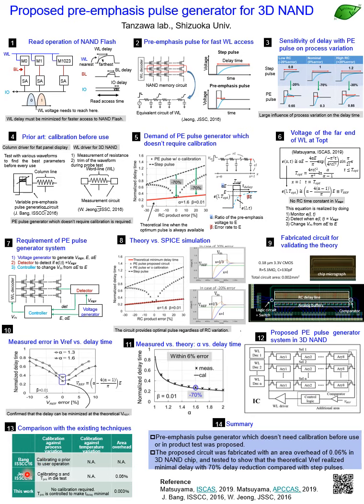The first and second priors are for a flat panel display and 3D NAND case. Both require additional test time or additional cost for die size increase, but they can calibrate the pulse width or pulse height.